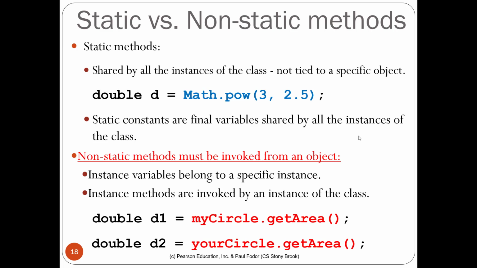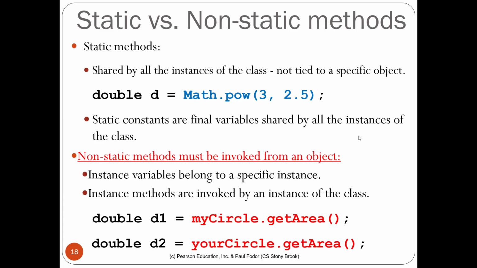Those were non-static methods, and non-static methods are called instance methods, whereas static methods are also called class methods. Why? Because they are accessed with the help of the class name. Okay, so how did we call the non-static methods that we wrote in the Circle class? With the help of the reference variable or the object name.